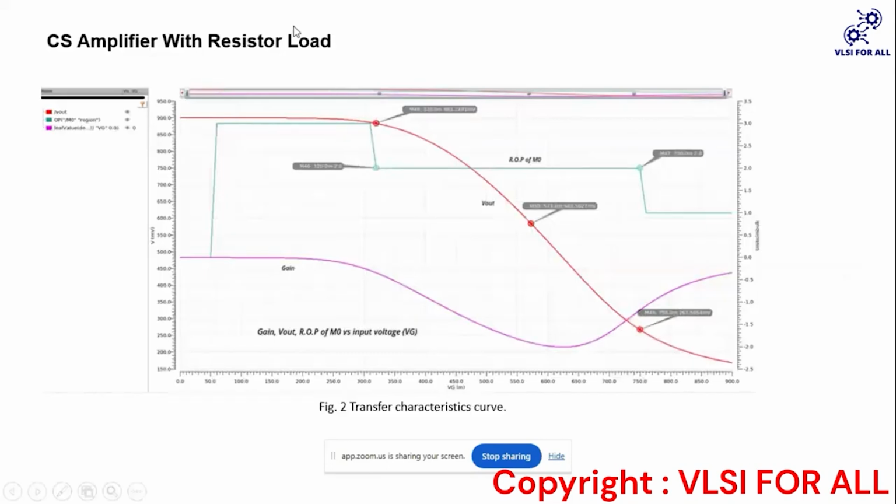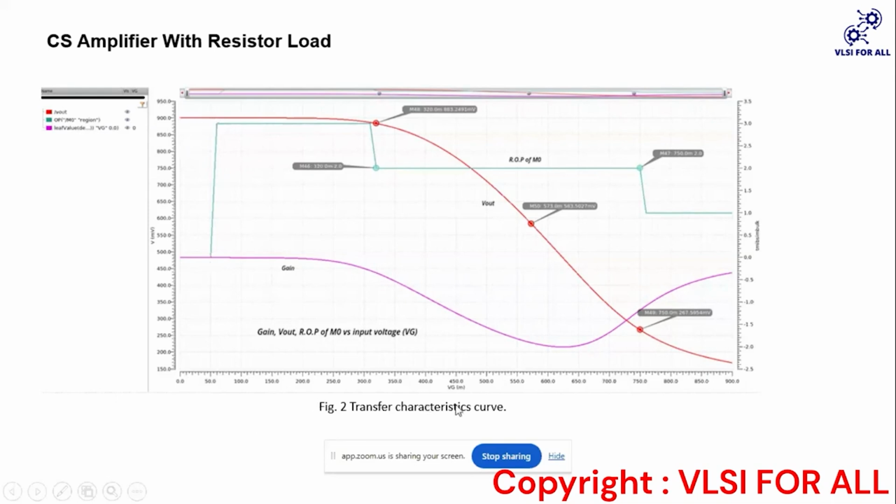You are seeing this red curve, this is the V out, and as we can see here, when the V in is small, this is the region of operation for the MOSFET. In this region it is in cutoff, here it is in subthreshold region, then here it is in saturation region, and then here it is in linear. When the MOSFET is in subthreshold region or in cutoff region, our output will be VDD, right?